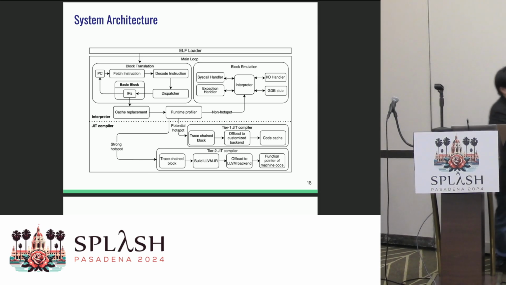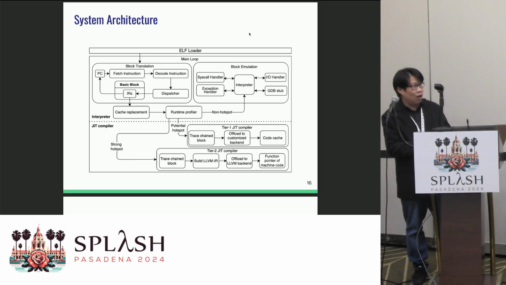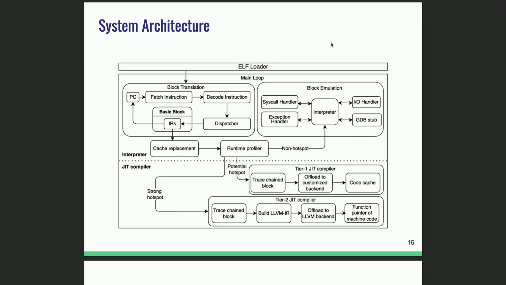So right now, I will show you the architecture here. Everything starts with the basic block. We designed our own IR, which is quite straightforward and simple. We convert the RISC-V instructions into the counterparts defined in our IR, and then we try to figure out the performance bottleneck by enabling the runtime profiler.